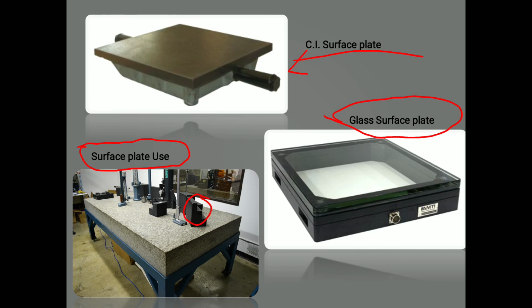You can see the vernier height gauge here. Also you can see the standard square block here. So these are the uses of the surface plate in industry as well as in the laboratory. The surface plate is the most important datum while taking readings, calibration, and inspection in metrology labs.